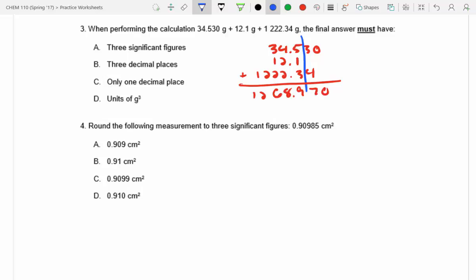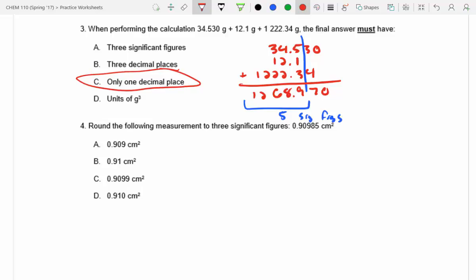So this one has 5 sig figs counted. And then the question is saying 3 sig figs, 3 decimal places, only 1 decimal place, or units of grams cubed. Which one makes most sense? C, only 1 decimal place. So this one's kind of a word problem on top of the math.